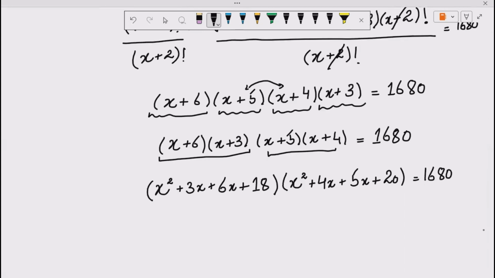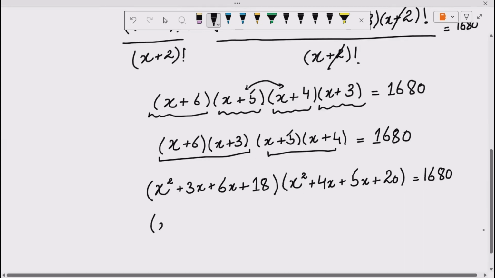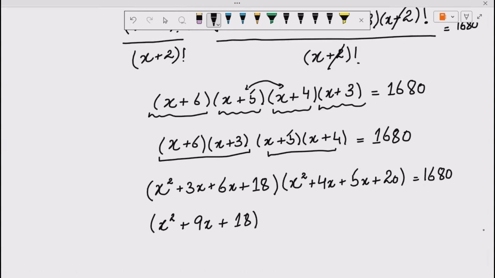You can see that in the first bracket we have x squared plus 9x plus 18, since 6x plus 3x gives us 9x. Likewise, x squared plus 4x and 5x again gives 9x. So we got the same middle term, plus 20.